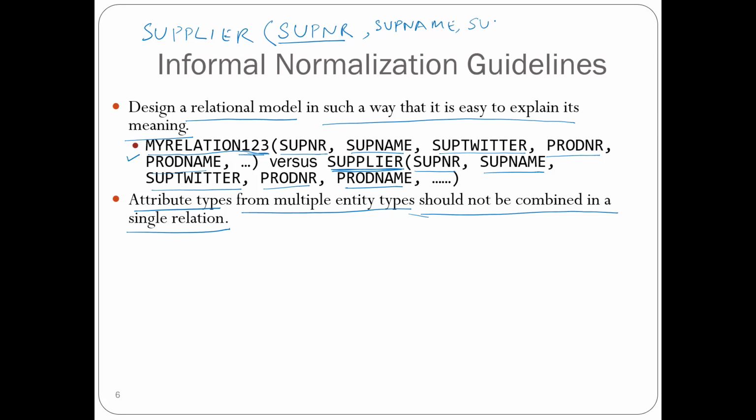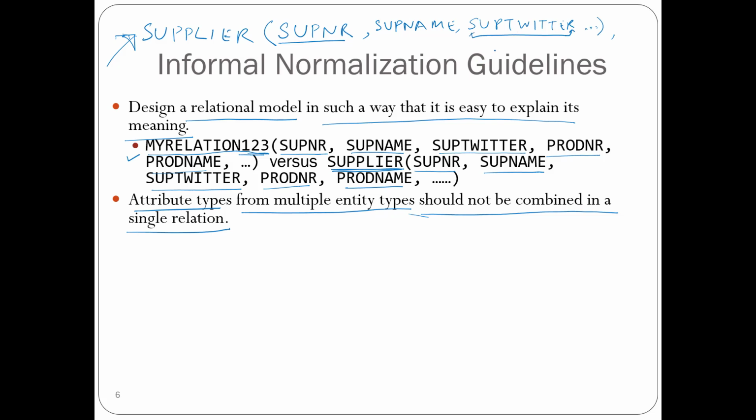I'll write supplier Twitter, and let me put some bullets here for those missing attribute types that I did not list. Now guys, even for this relation there is an issue. The issue is that probably not all the suppliers are using Twitter.